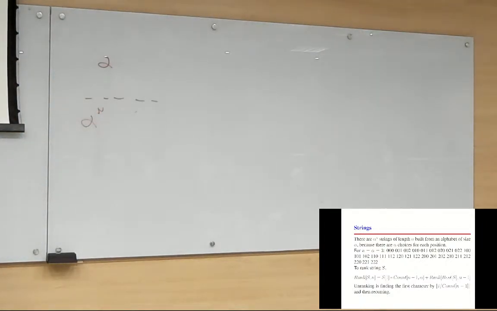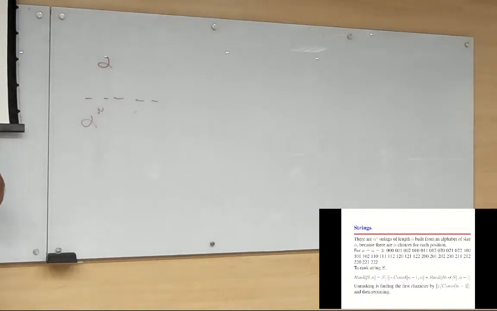How can we rank the strings? Here I've got all the strings in lexicographic order on the alphabet 0, 1, 2. How can I rank a string from 0?